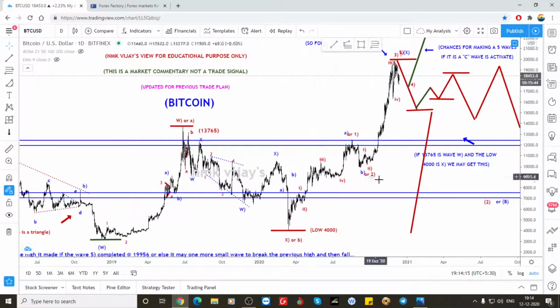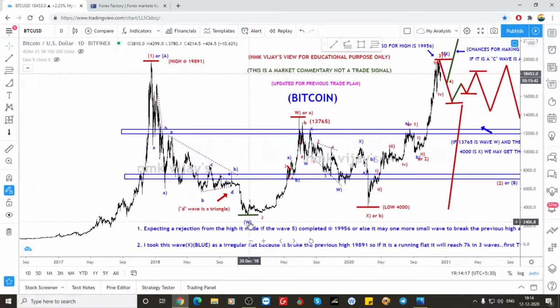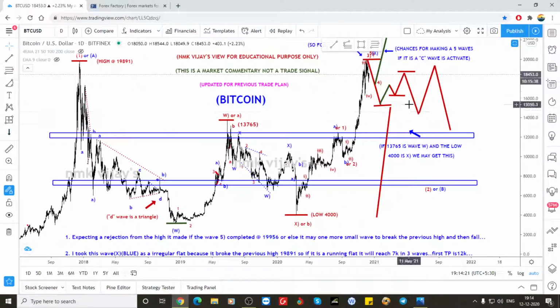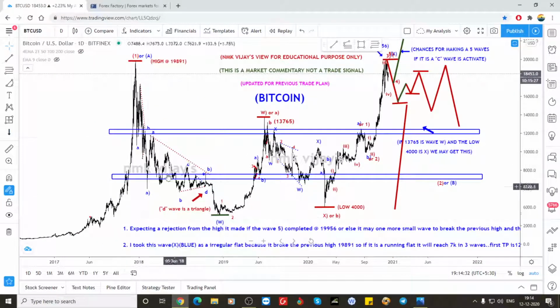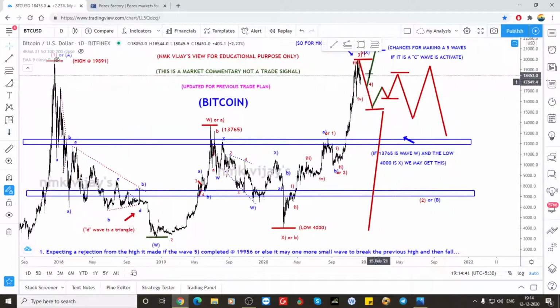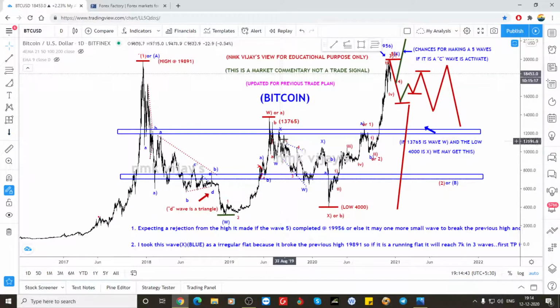If this is a B, C, and this could be the W, X in the irregular flat, I'm expecting that 7.5 or 10 zone as a running flat. After that, it has to take off. Otherwise, if this is A, B, C, then A, B, and C is a W.